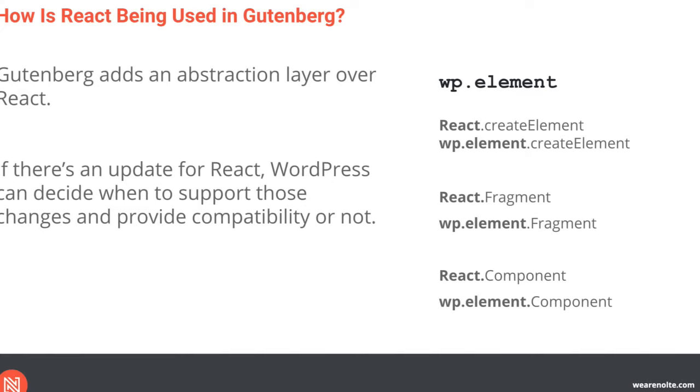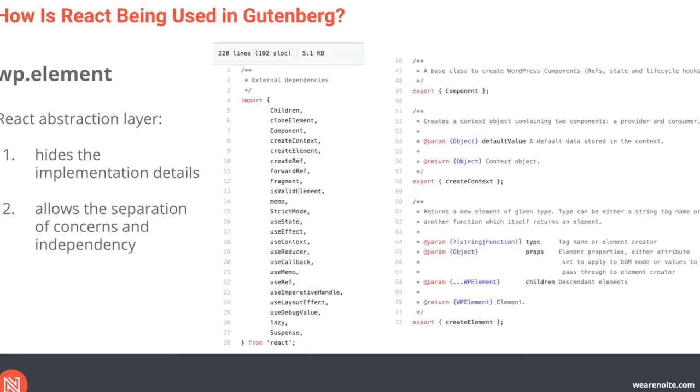React Fragment will be wp.element.Fragment, and so on with the rest of the components. The purpose of the abstraction layer is to hide the implementation details, allowing separation of concerns and independence.